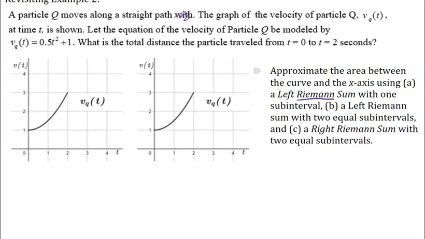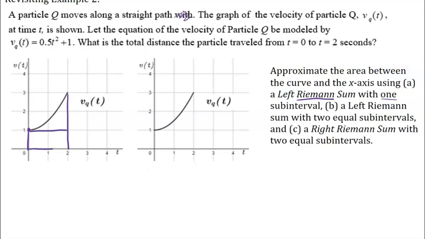So we're going to start with a left Riemann sum. That means we are going to use the left endpoint of the subinterval to get the height of the function, and therefore the height of the rectangle. I'll show you what I mean. On this first graph, I'm going to use one subinterval, meaning I'm going all the way from time 0 to time 2. I'm going to use the height of the function where my curve intersects the line x equals 0, and turn that into a rectangle.